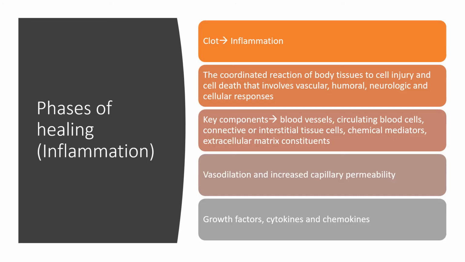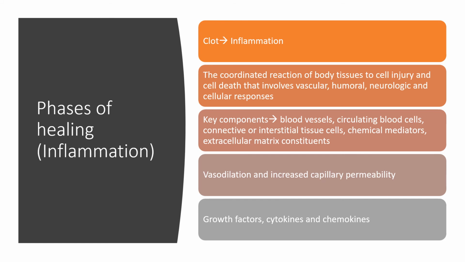In the inflammation stage, this is when the clot is formed, or in the process of forming. What happens during this phase is there is usually vasodilation around the area of injury. Vasodilation will allow and activate the movement of the polymorphonuclear leukocytes as well as the macrophages to the wound site.